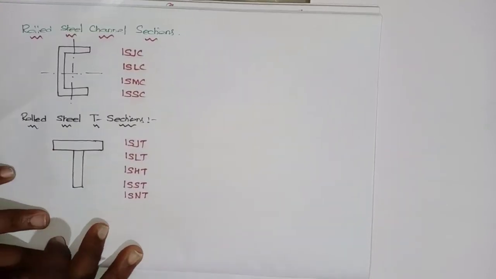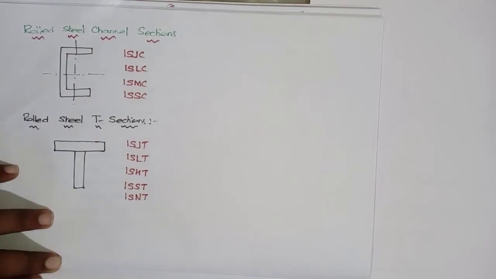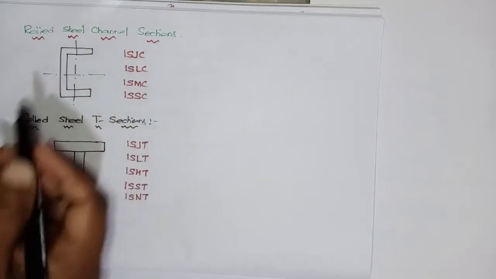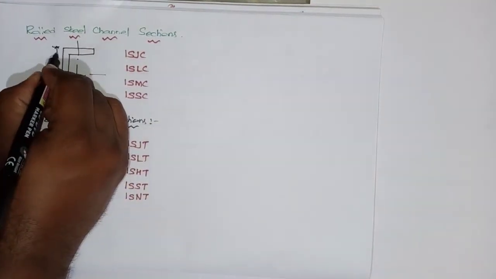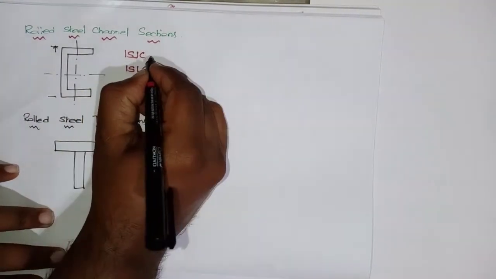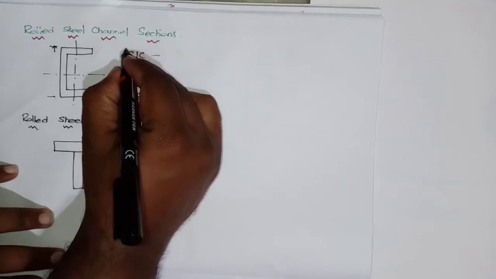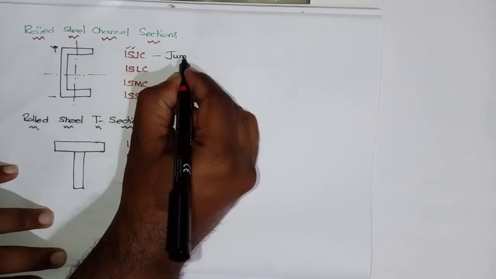Okay, and we'll see the next slide regarding the Indian Standard channel sections. Here also the channel section designation will be the same as in the case of an I section, that is the series along with the depth and the weight per meter. Now what does ISJC mean? Same as usual, Indian Standard Junior Channel.